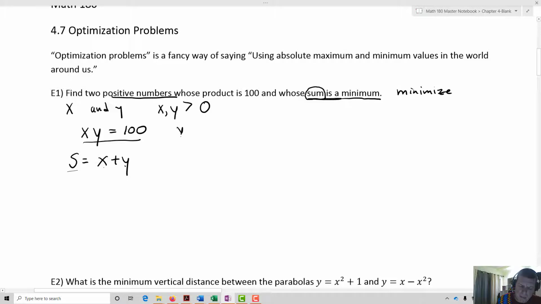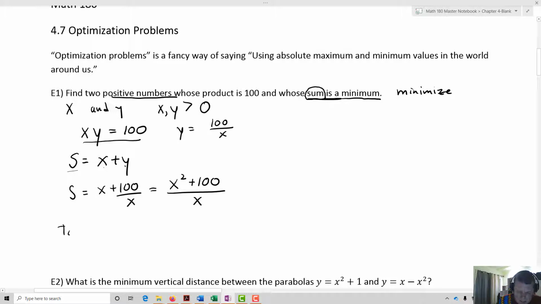So I'm going to let y equal 100 over x. So S, my sum, is going to equal x plus 100 over x. I'll do a little simplification, combine my like terms, and end up with S equals x squared plus 100 over x.